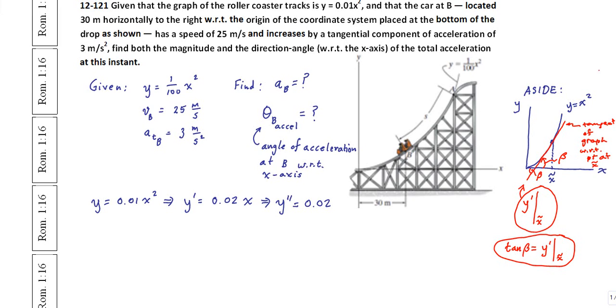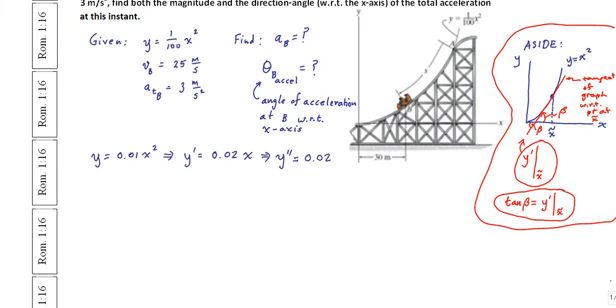So anyway, enough of that little aside, and like I said, the actual math and so forth in this problem is really not that difficult, so I think we'll get through that pretty quickly. The other thing that we need to know, and again this comes from calculus, is the idea of curvature, and this is one of those equations from calculus that I've just memorized because in engineering we see this come up from time to time.